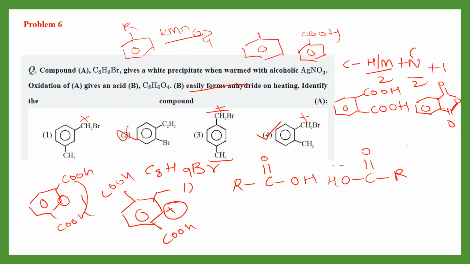On heating, one molecule of H2O gets eliminated, and what will form is RCOOCOR. So this is basically the reaction: when two acids come together, they form an anhydride on heating. But when both the acids are ortho to each other, they can easily come together, lose one molecule of water and form an anhydride. Now you have understood. Yes, ma'am. Okay, can we move ahead?